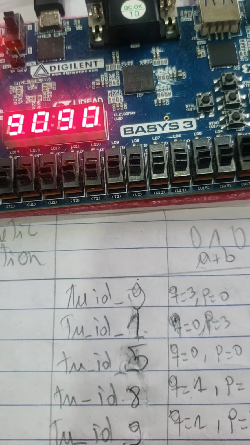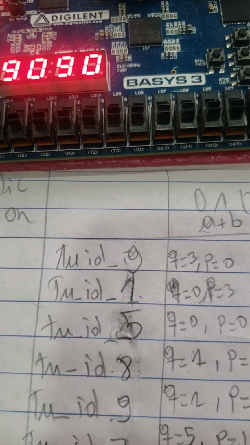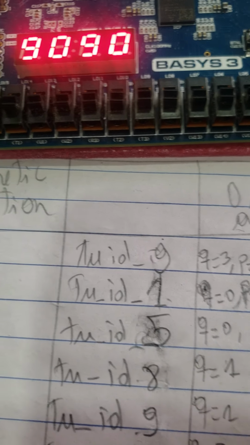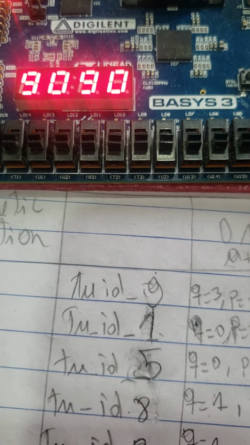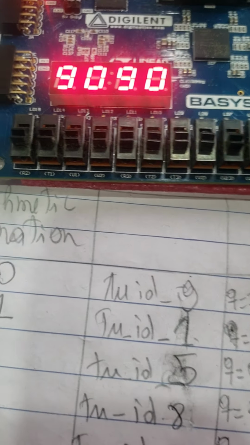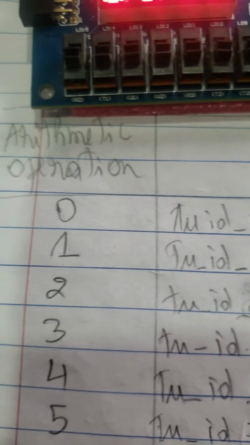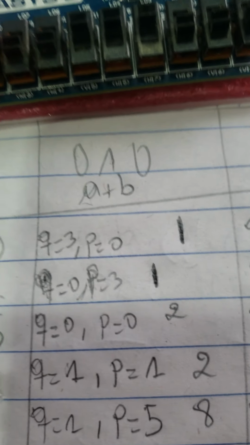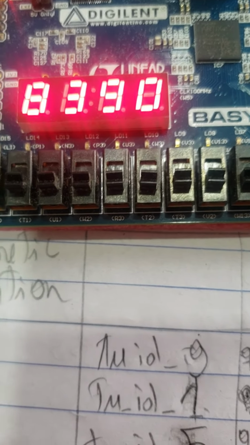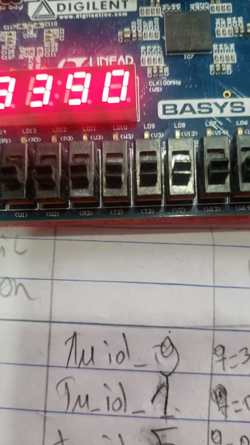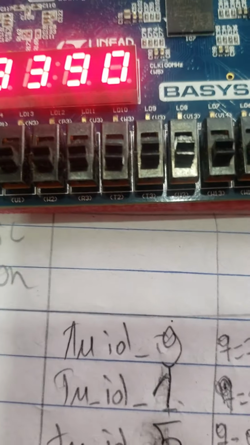So for me, I'm going to make 0 in port P and 3 in port Q. So 3 was corresponding to 8, and 0 was corresponding to 9. If you want to do the operation 010, it's going to be A plus B. A plus B is 8 plus 9. 8 plus 9 is 17, and 17 corresponds to 1.